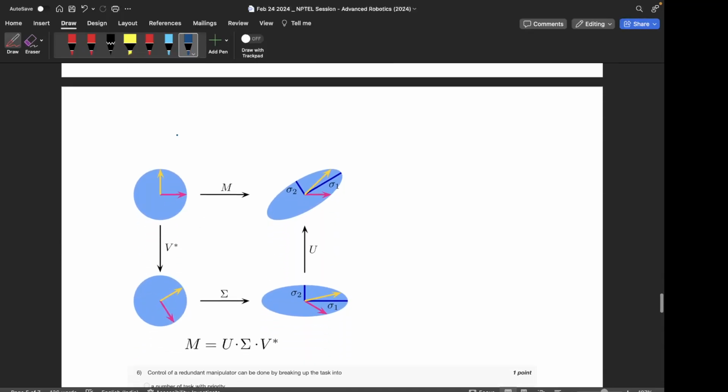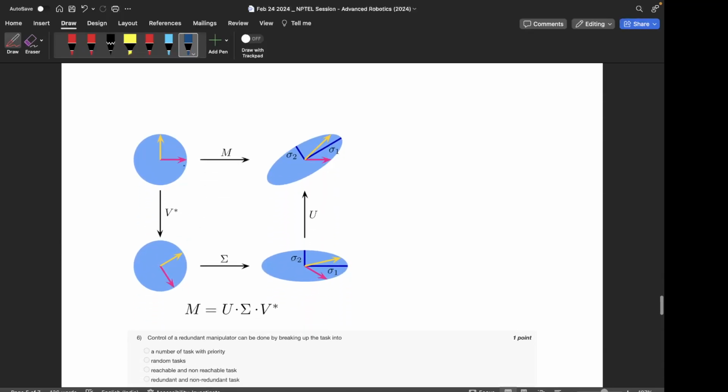And that's why I put this image here, that in general, operation by a matrix rotates and scales the vectors, and that's what we basically see by doing SVD: what are the rotation parts and what is the scaling part.